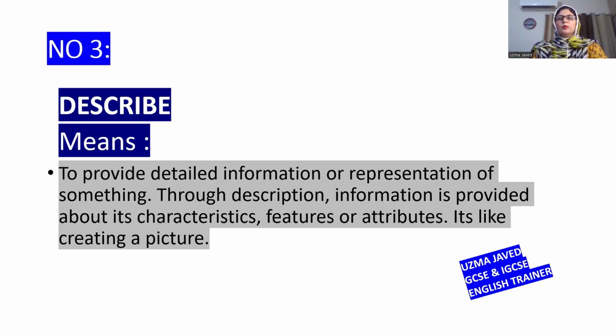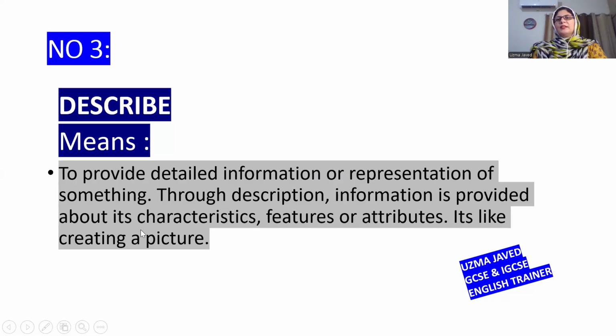The next command word, the third command word, is describe. When in the comprehension paper, or in the composition paper, for example, the question says describe, it means that you will be providing detailed information or representation of that topic through description.